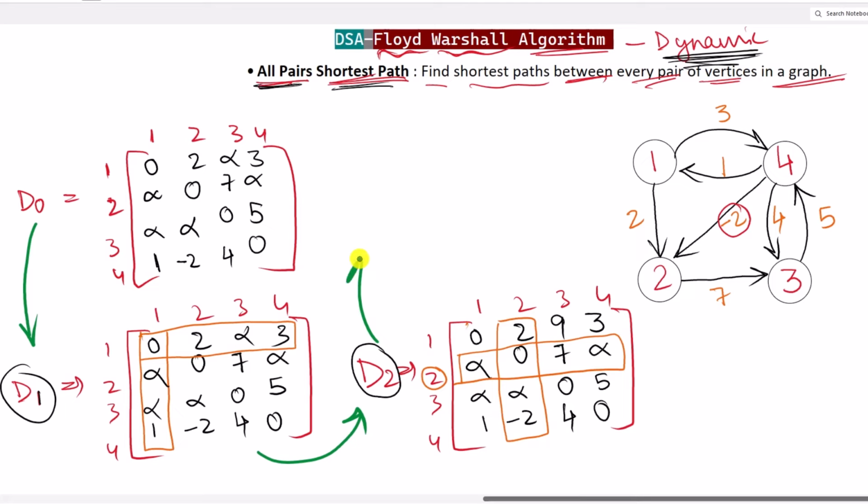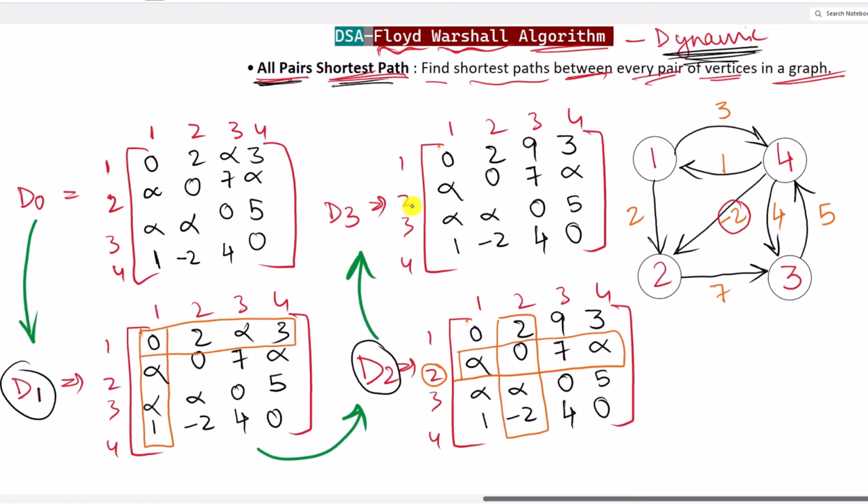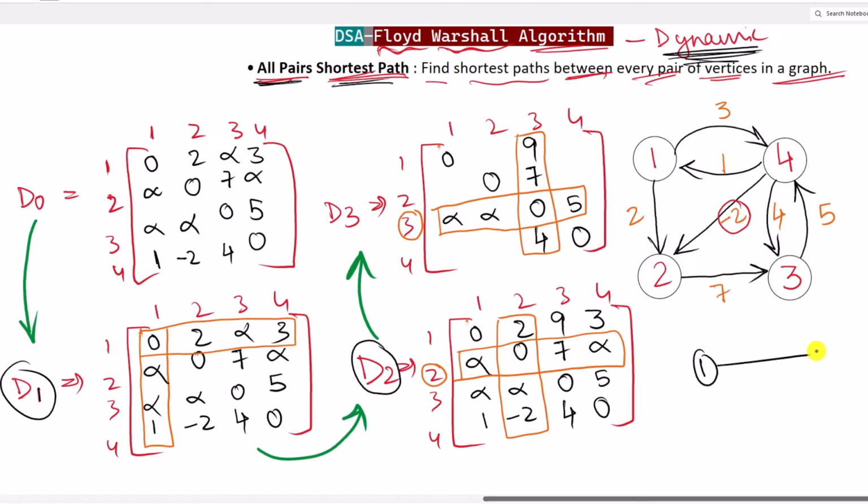Now from the D2 we're gonna derive or compute the matrix D3. So here we're gonna use the vertex 3 as the intermediate vertex. That means the third row and the third column will stay as they are, and we're gonna recompute all of the other values. So first of all, from 1 to 2 we have the direct cost as 2.